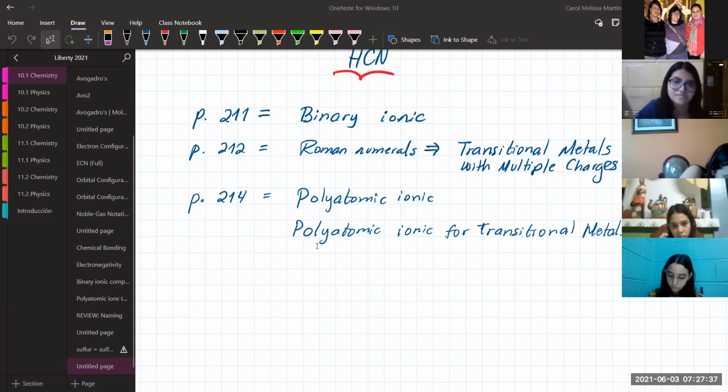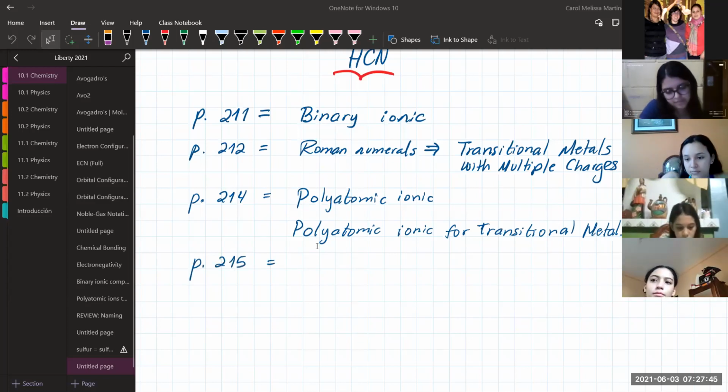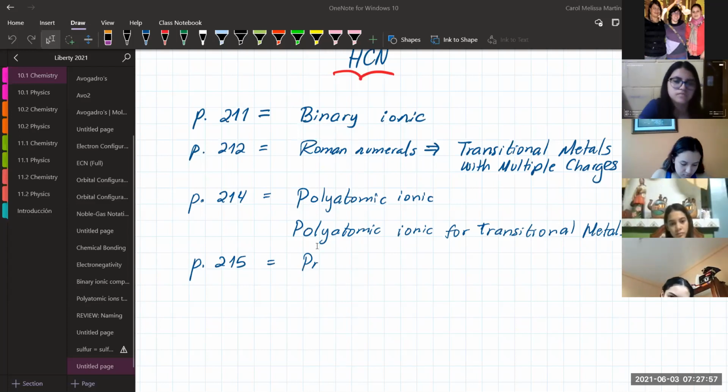Now, in the page 215, what do we have? Prefix system. The prefix system for that kind of compound. Binary molecular, or binary covalent, okay?